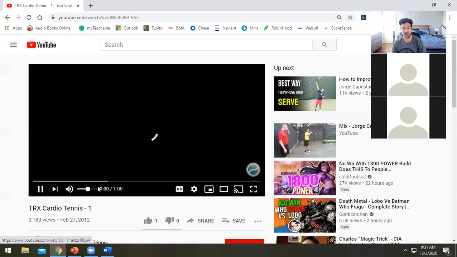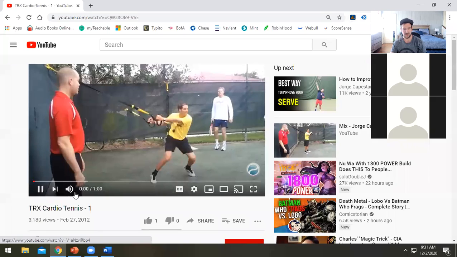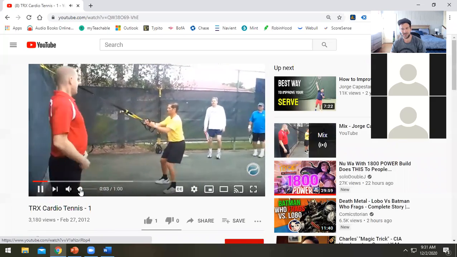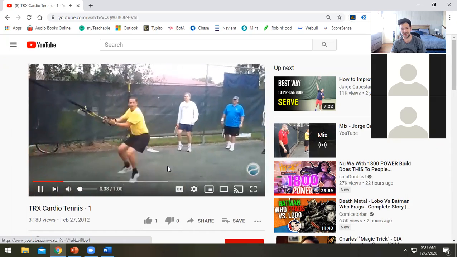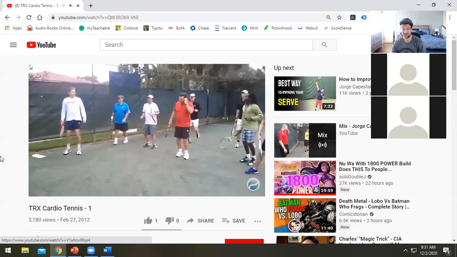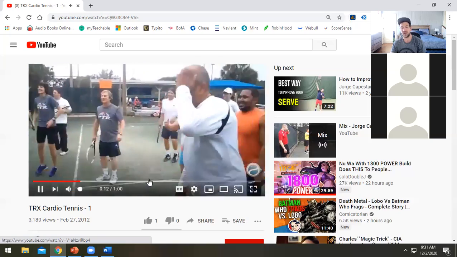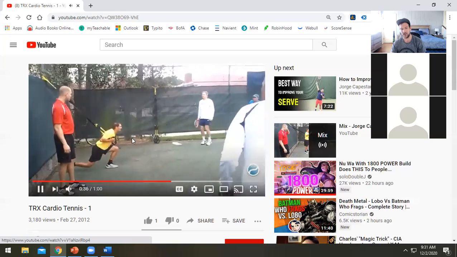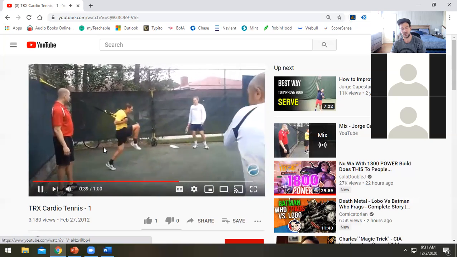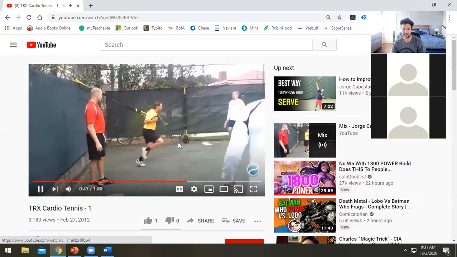But basically, it looked something like this. Here we are, we just finished the warm-up, and we're demoing. You would do these specific exercises. That looks silly to me. But you can see they all have tennis stuff in hand. He's going to do a split lunge. Okay, never mind, he's going to do a high knee.